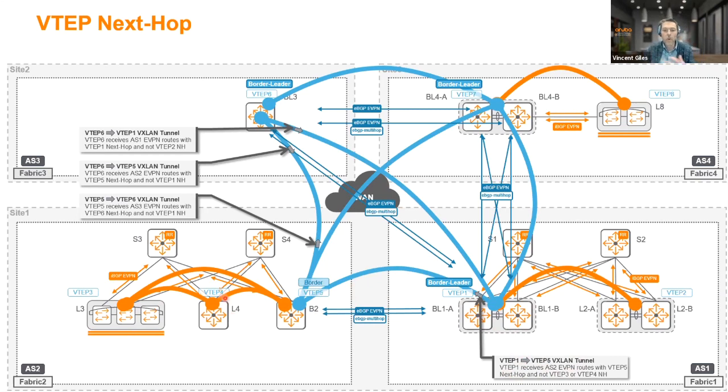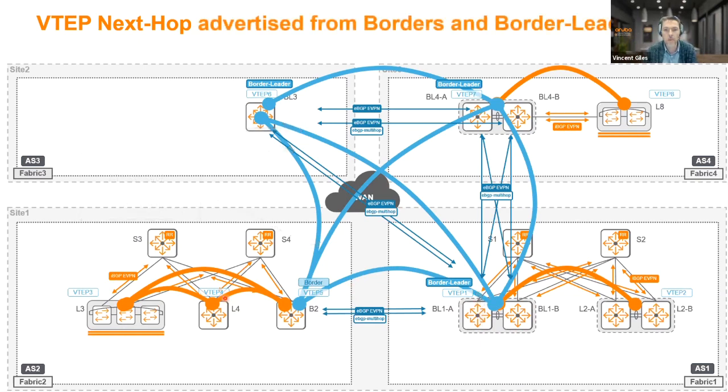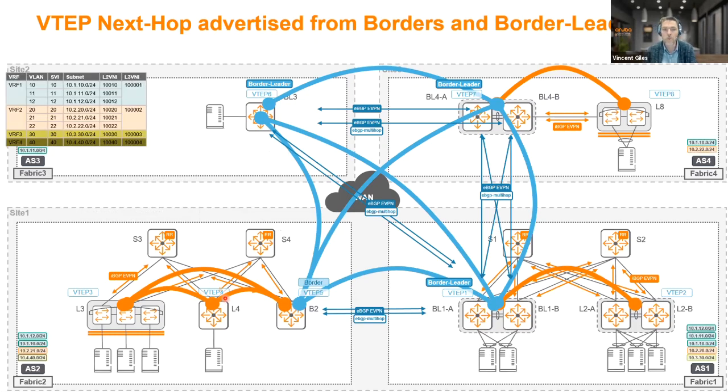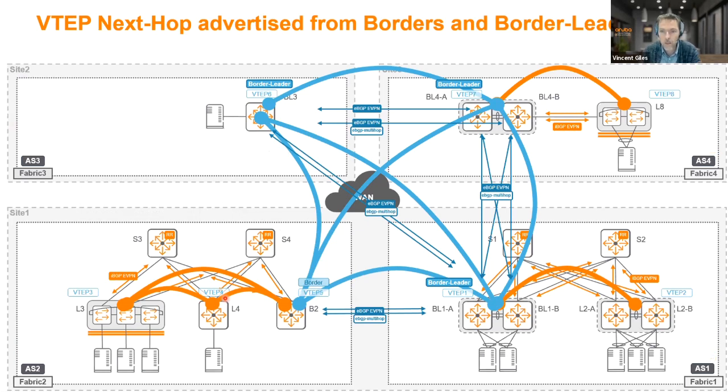So there is a kind of process to be set in different positioning of the BGP mechanism so that you will understand that. There are 3 things to get into, so I'm going to explain that. The next hop advertised from the border and from the border leader is going to be explained here. So let's get into that.